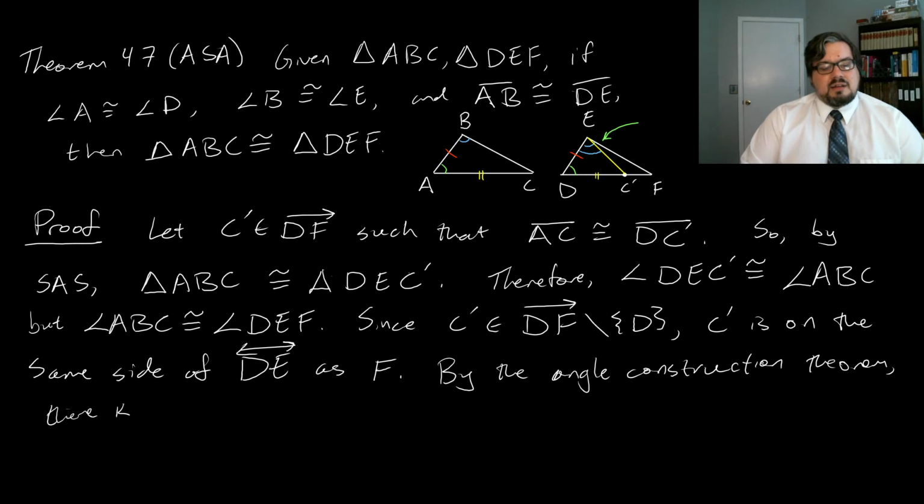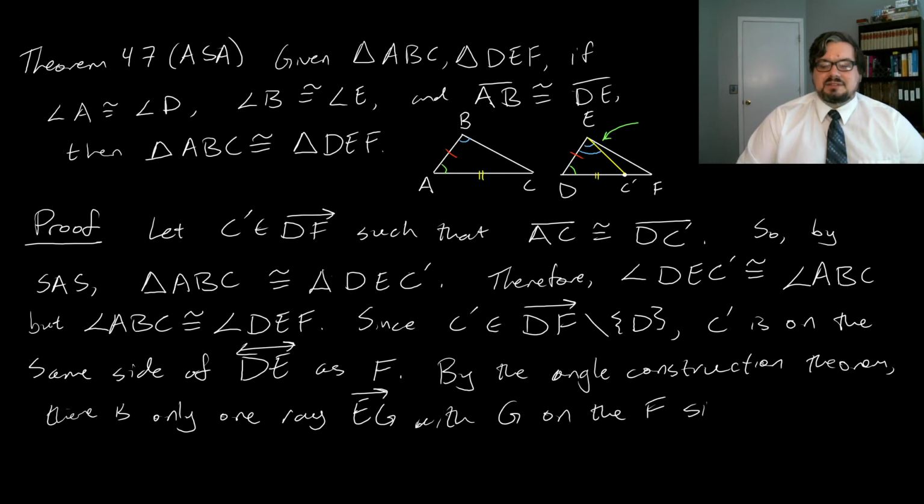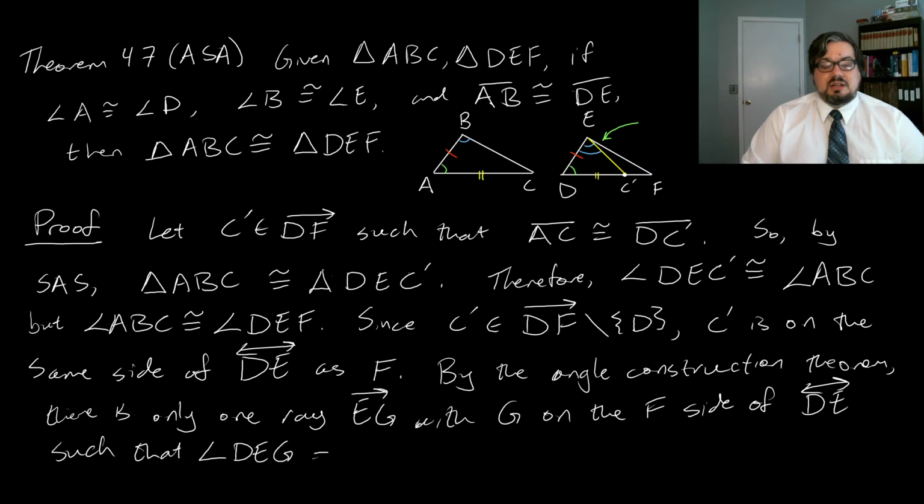there is only one ray, I'll say EG, with G on the F side of the line DE, such that the angle DEG is congruent to the angle ABC.